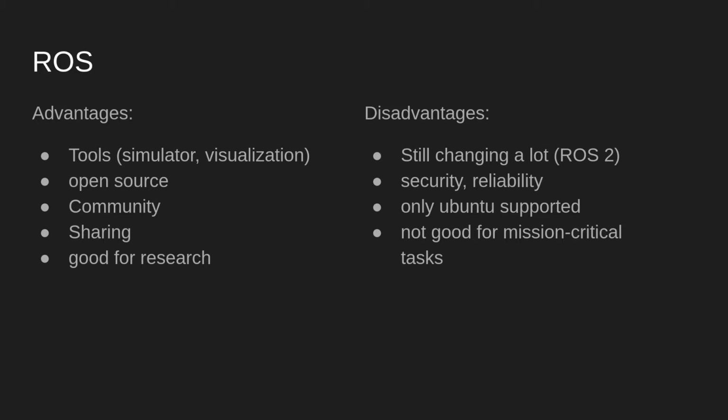There's a huge community behind ROS, so people help each other out. People write code that they share with other people. Basically, the advantages of ROS make it good for research, because in research, you want to build robots quickly.